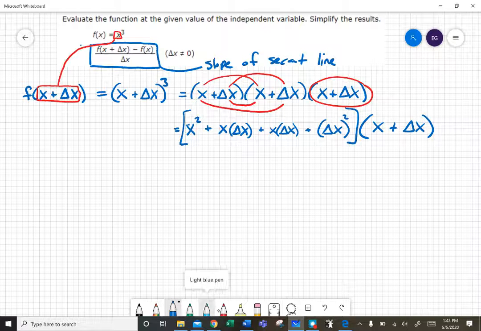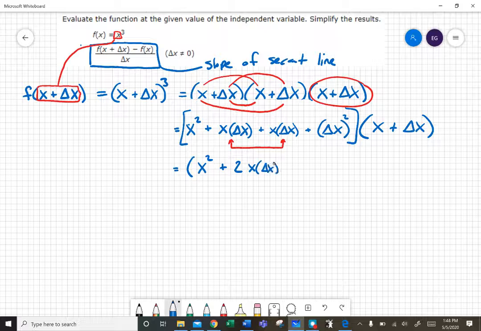Okay, now let's simplify. We can combine like terms. This x delta x and another x delta x, we have two of them. So it looks like we have x squared plus 2 of these x times delta x's plus delta x squared. And we're multiplying by another x plus delta x.